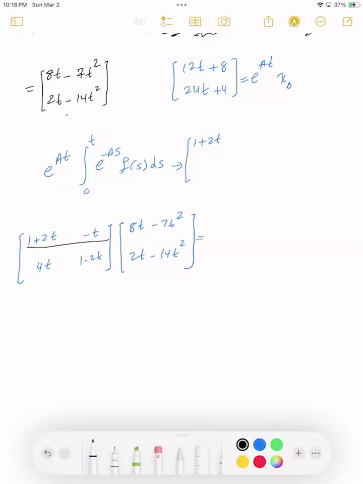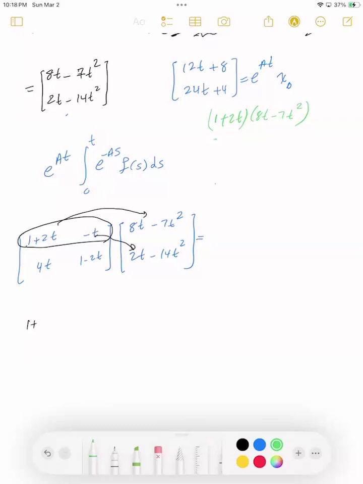I multiply this by this and this one by that. So 1 plus 2t times 8t minus 7t squared.